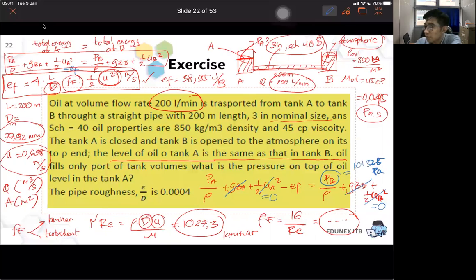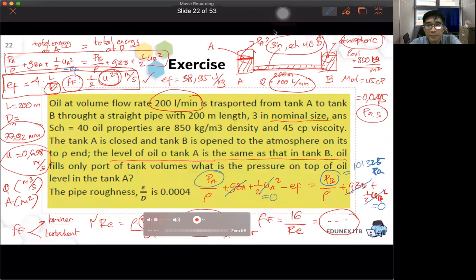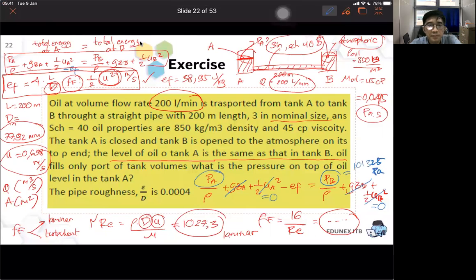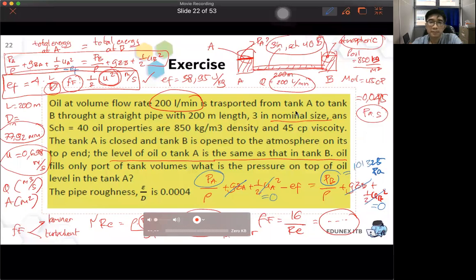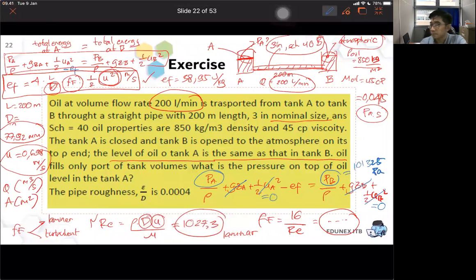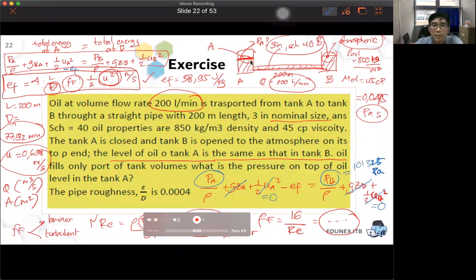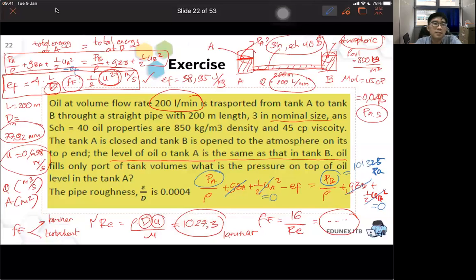Okay, so you can calculate the pressure at point A. Please calculate how much the pressure at point A, at the top of the tank, is.